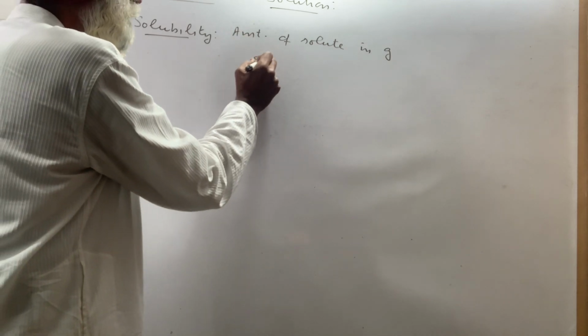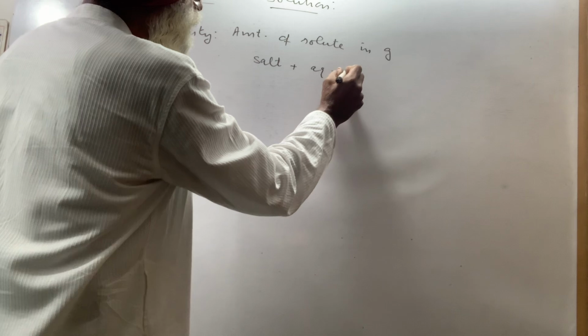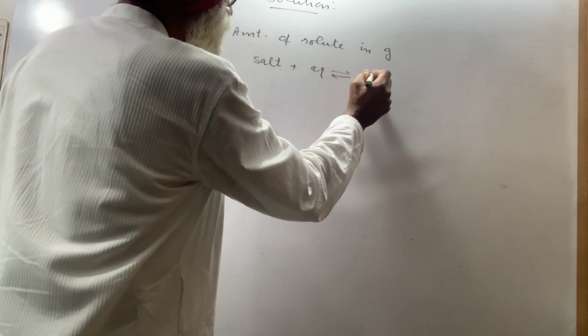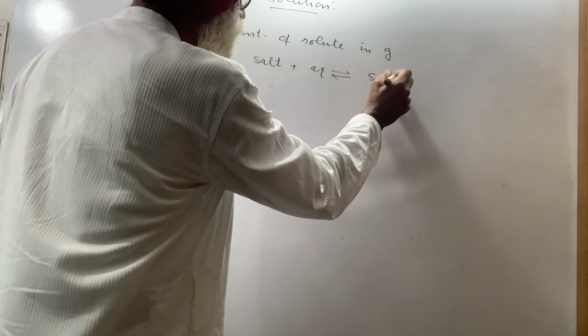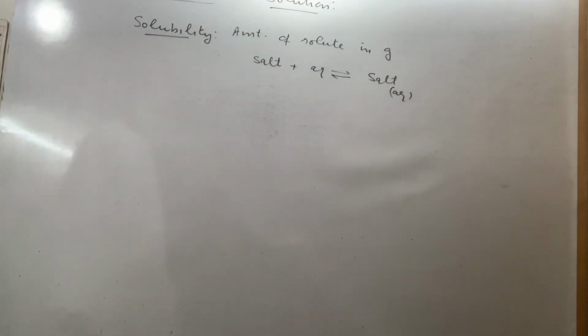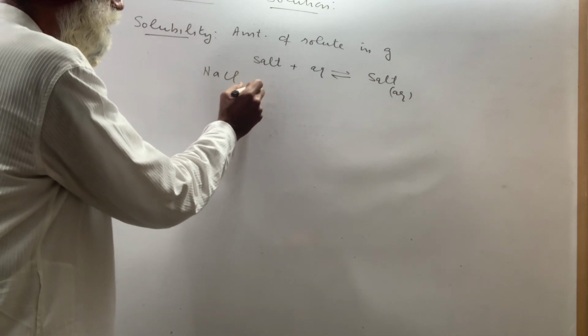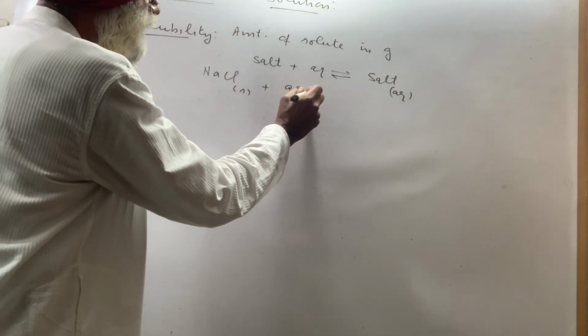So for example, you are having salt, and this is added in water. So what will happen? This salt will be present in aqueous state. For example, if you are having sodium chloride, so here we are having this.